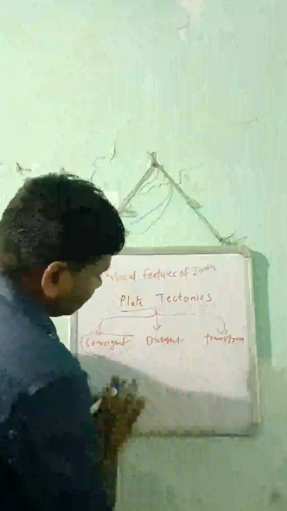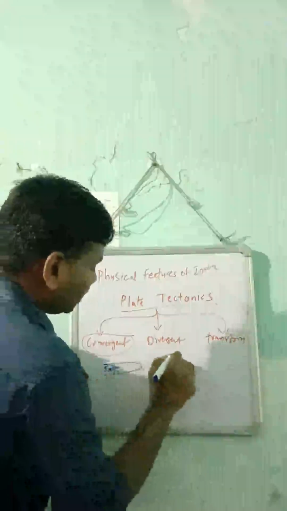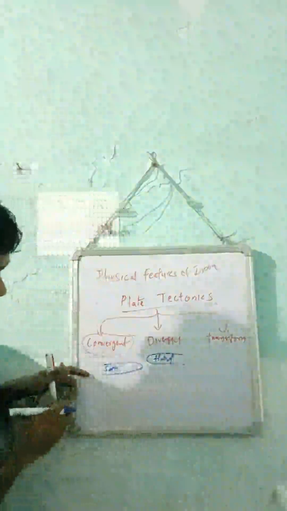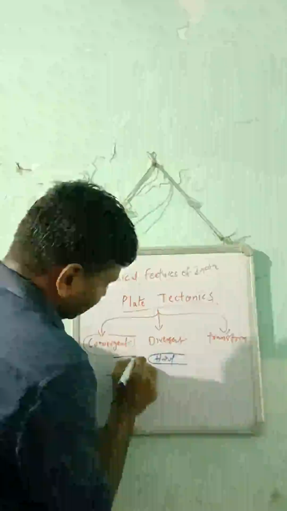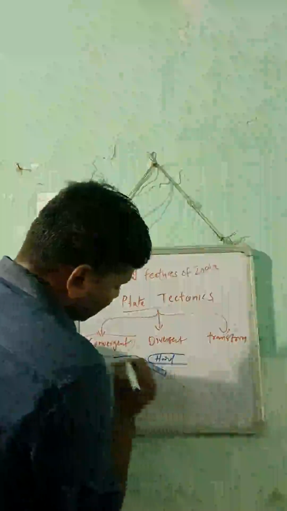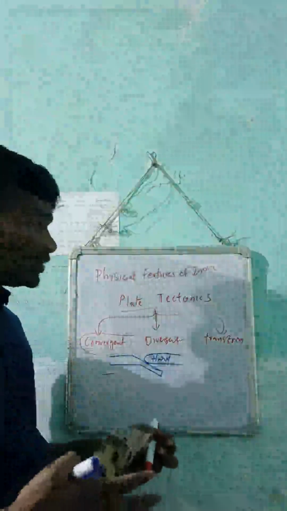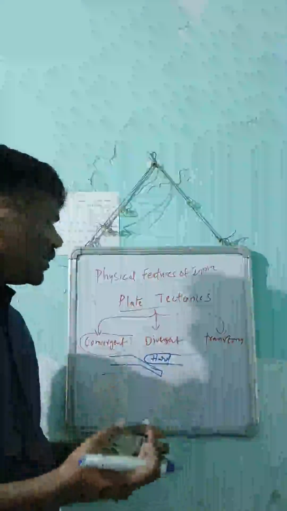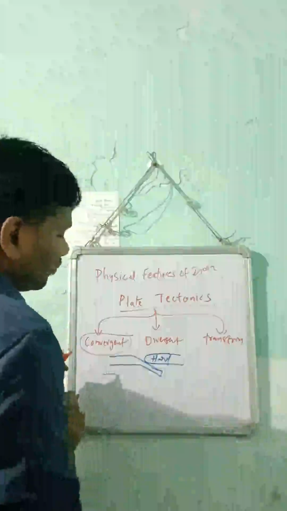For example, see here, this is the soft plate, this is the hard plate. The soft plate will go beneath the hard plate, like here. Due to this convergence, fold mountains are formed, volcanic eruptions also occur, and earthquakes will happen. This is the convergent boundary.